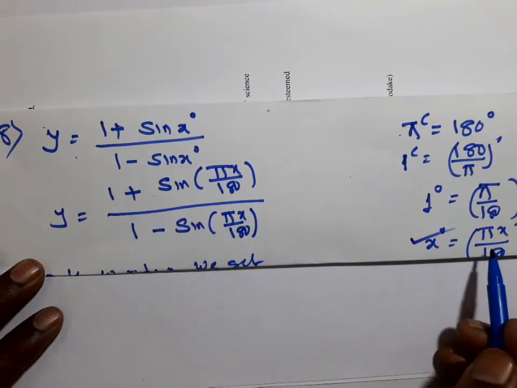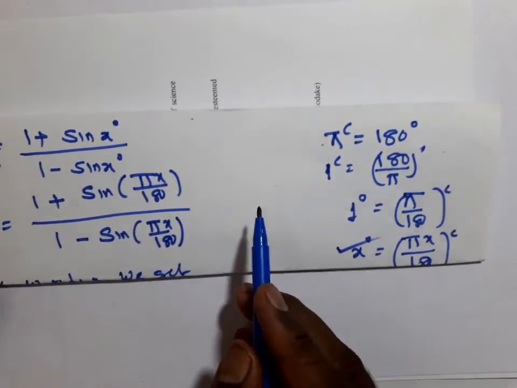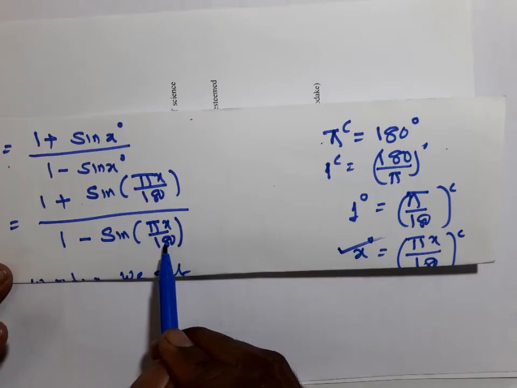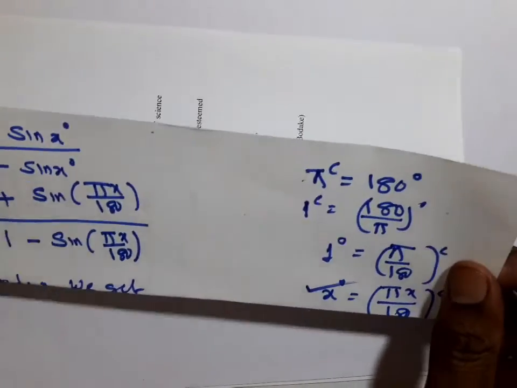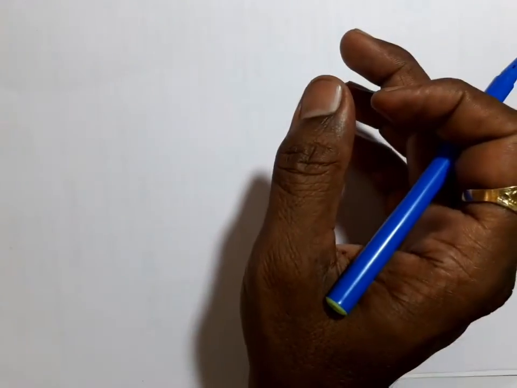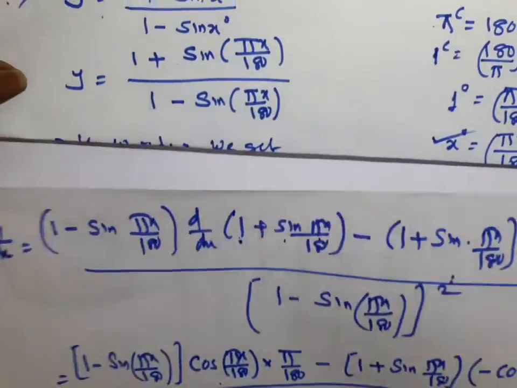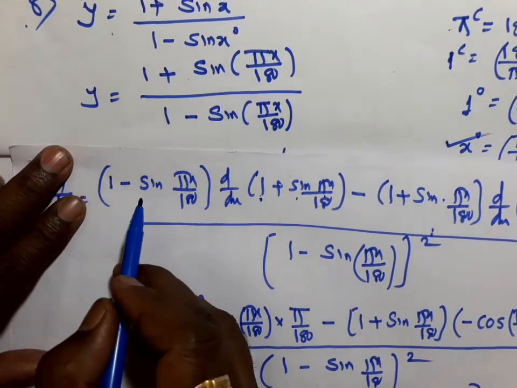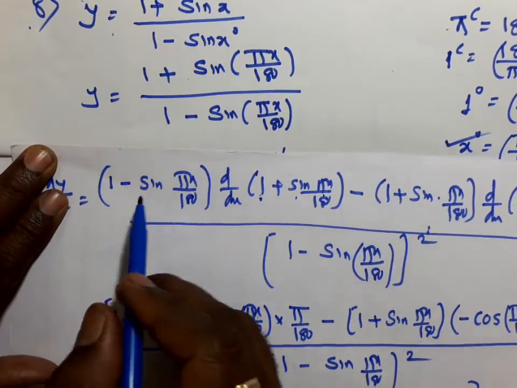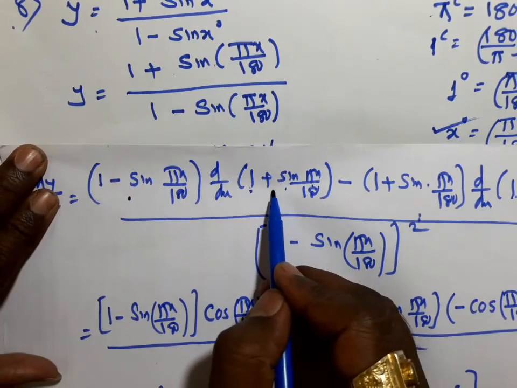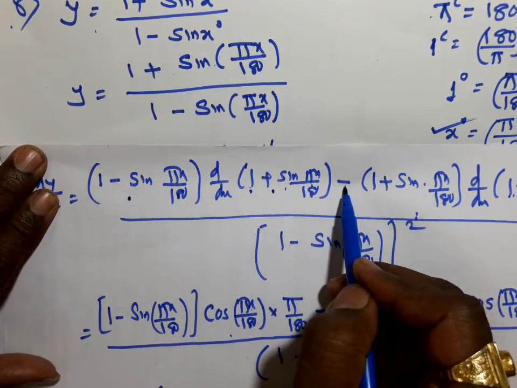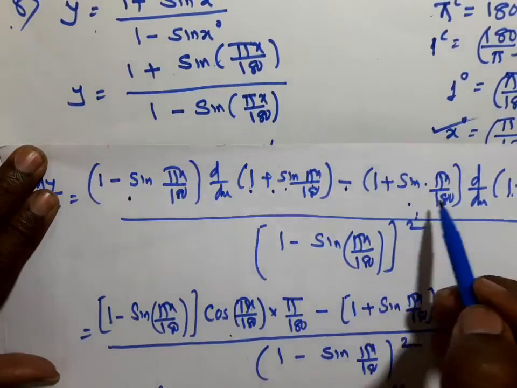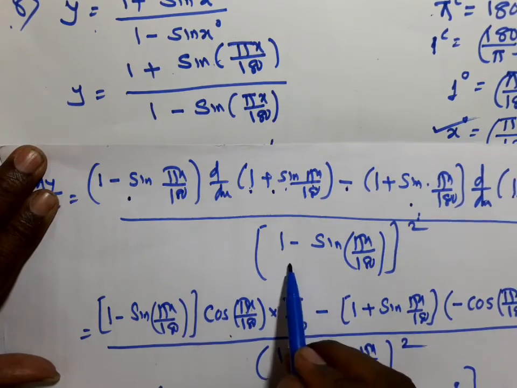So x degrees is pi x upon 180 radian. Okay, it is in the form of u upon v, so use the quotient rule, that is v into derivative of u minus u into derivative of v, divided by v square.